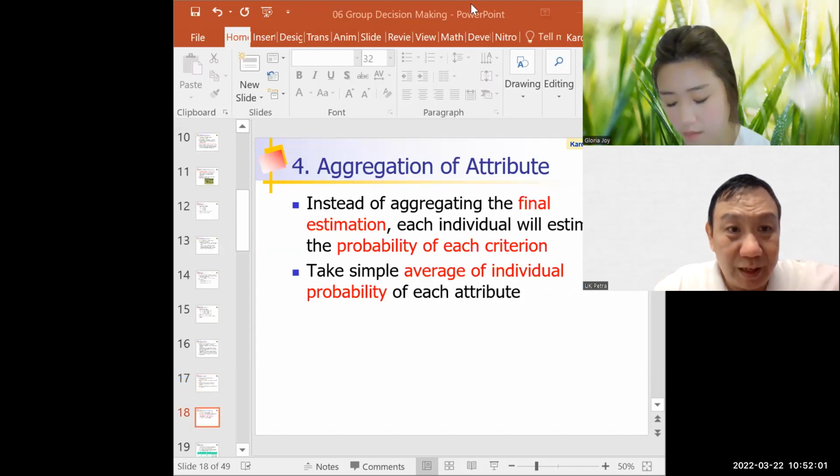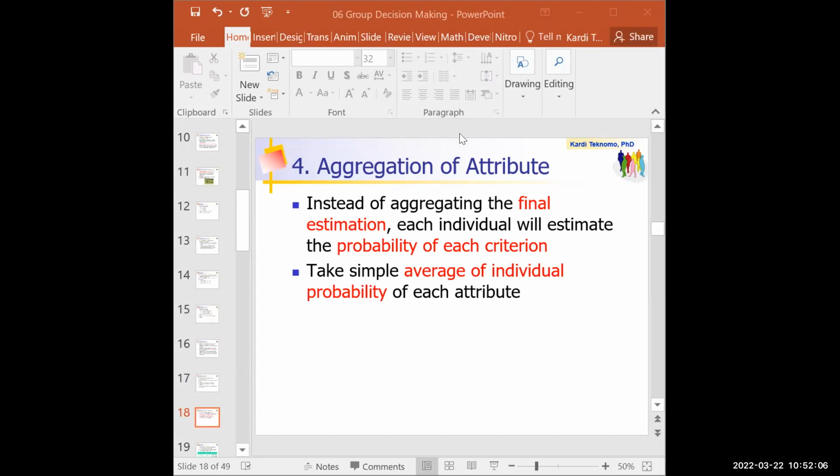Okay, so this is another technique. Now, instead of aggregating the final estimation, each individual will estimate the probability of each criterion. So you define the criterion and then, instead of the actual number, you estimate the probability.